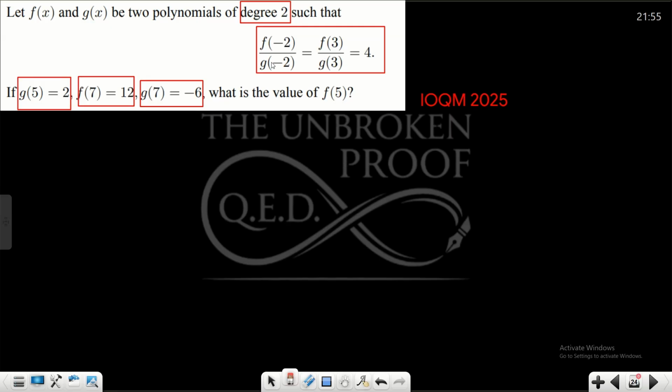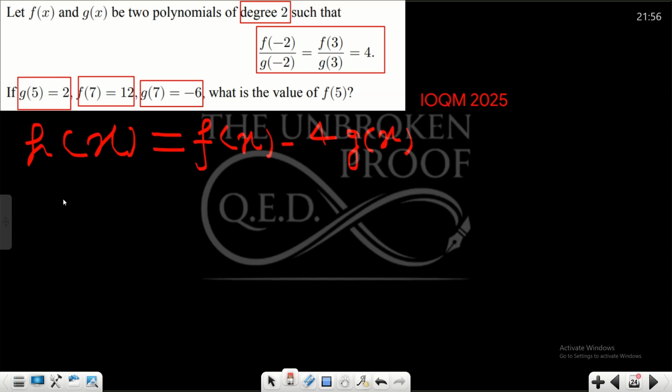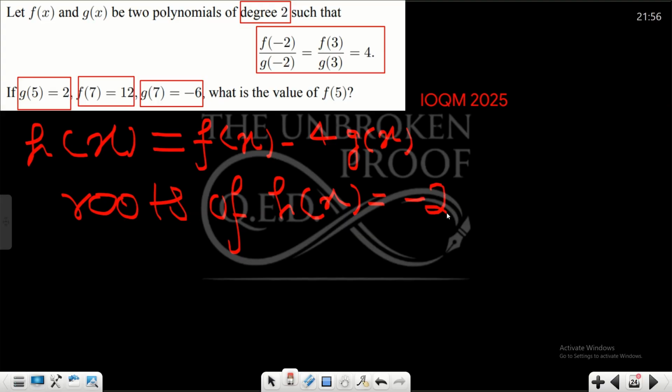Now if you see, they have given two ratios and equated to 4. So if we consider h of x as f of x minus 4 times g of x, then it is quite clear that roots of h of x are minus 2 and 3, because if you cross multiply the denominator into the RHS respectively, and if you bring that RHS to the LHS, then you will get 0.